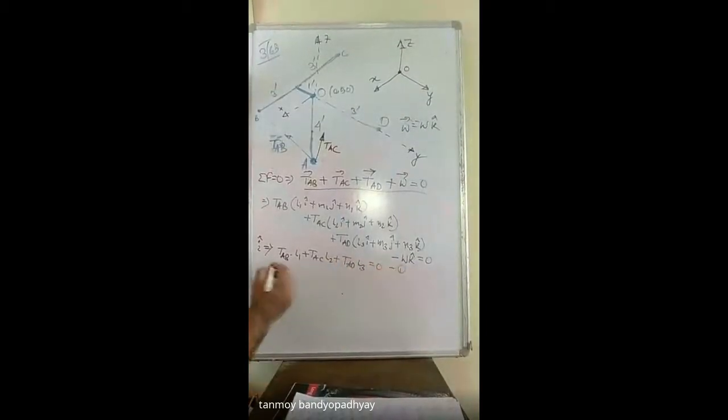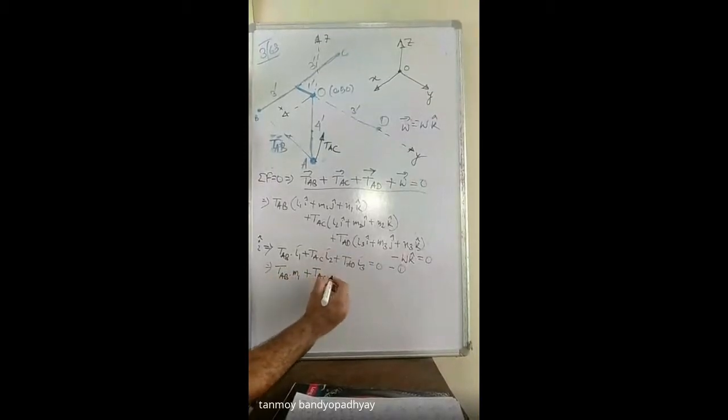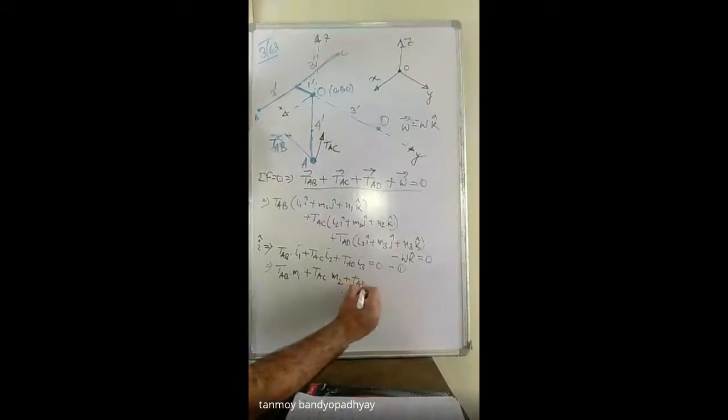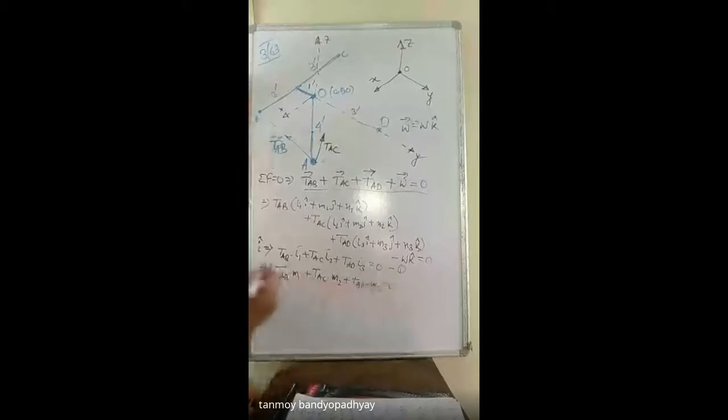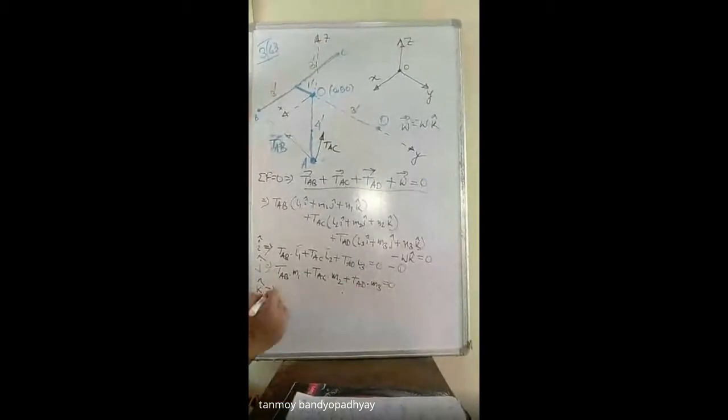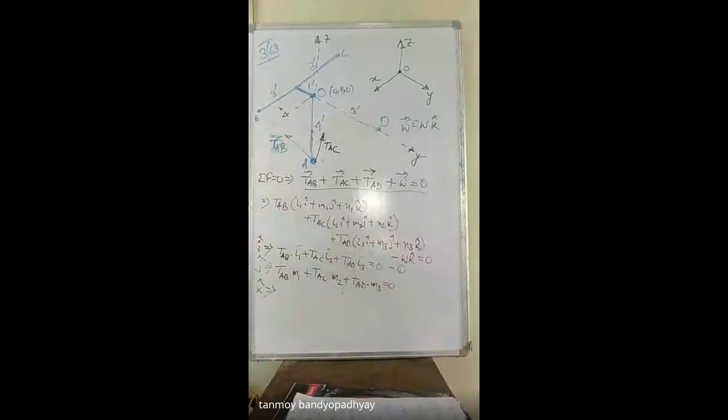This is equation number 1. As you can see, L1, L2, L3 are known. Equation number 2 will be TAB into M1 plus TAC into M2 plus TAD into M3, that is equal to 0. This is equating the coefficients of J cap. Similarly, equating the coefficients of K cap.